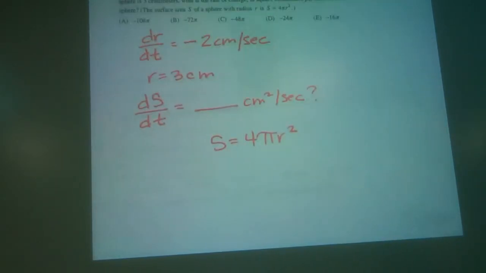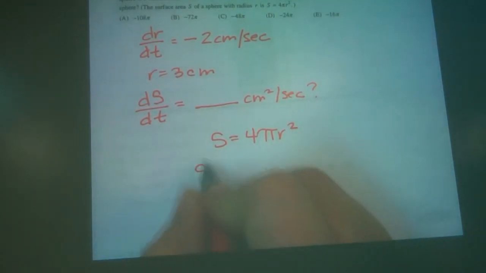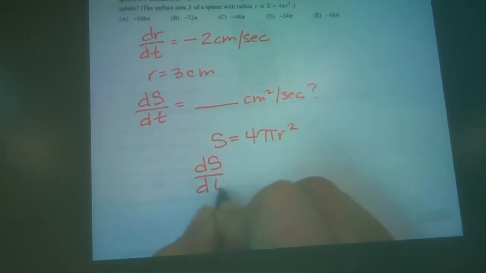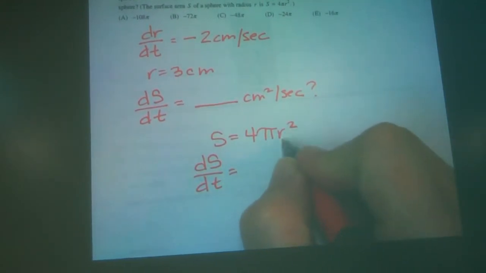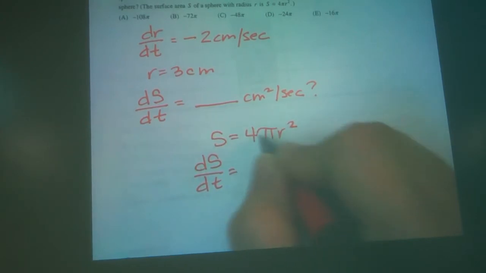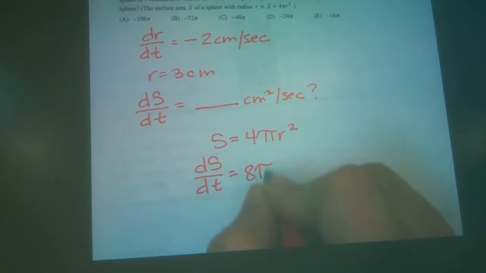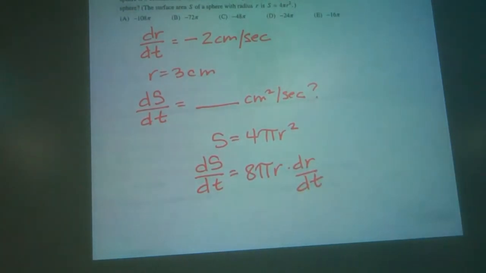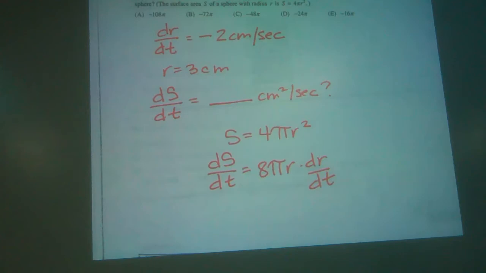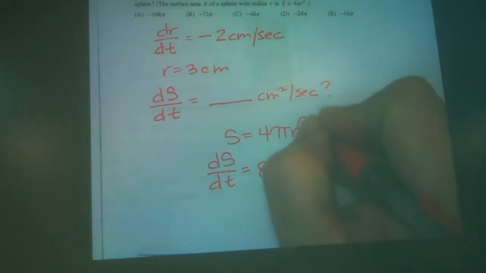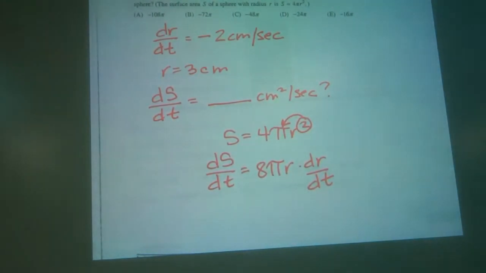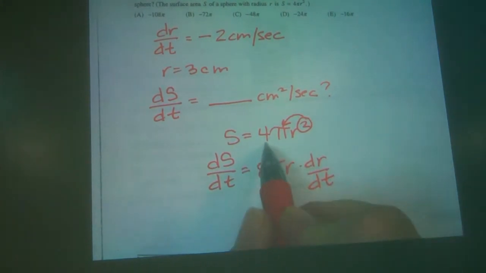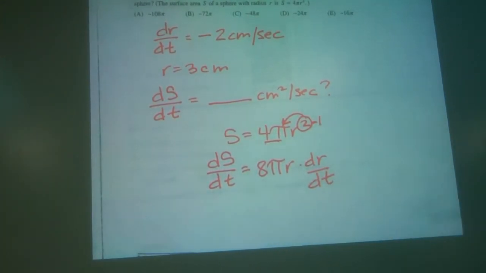So we take the derivative of that with respect to time, and we get ds/dt equals, the only variable over here is the r, so we take the derivative of r squared, it's 2r, and we multiply by this constant 4 pi, so we get 8 pi r dr/dt. Wait, why did you do that again? Because we're taking the derivative, so we take the exponent, bring it down to the front, multiply by what's there, the 4 pi, and subtract 1 from it.